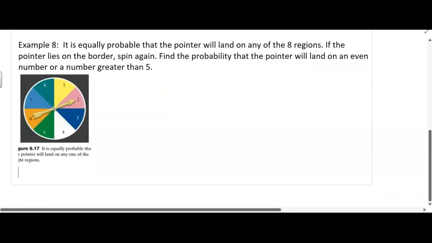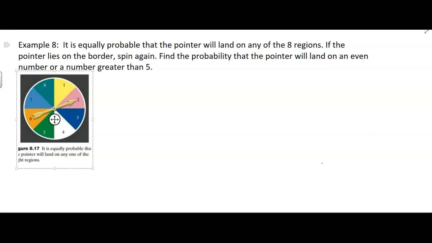Okay, so we've got this spinner. There's 8 regions. You have an equal chance of getting any of the regions. If it lies on the border, you got to spin again. So we want the probability that the pointer will land on an even number or a number greater than 5.